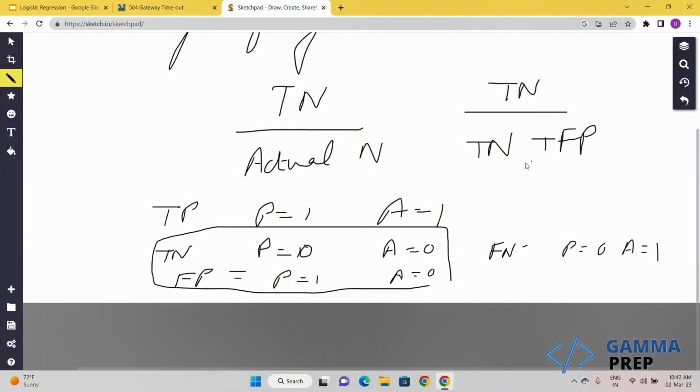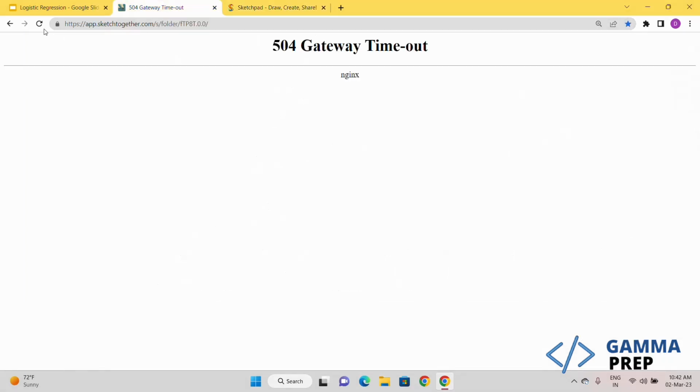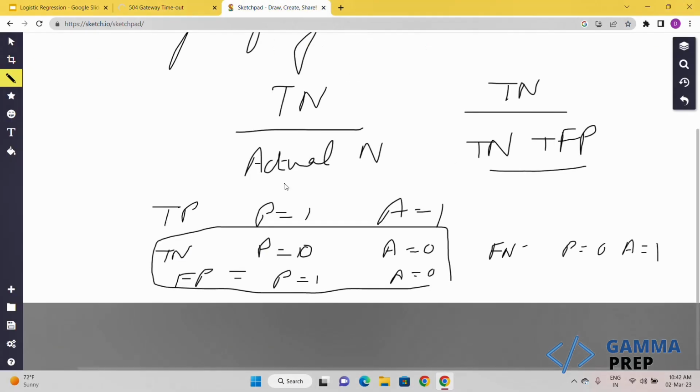That's why I am writing TN plus FP. So this is basically all about our evaluation metrics. These are not all, but these are the few important ones: precision, recall, accuracy, F score and specificity. So we have studied 5 so far: classification accuracy, recall, precision, F score, and specificity.